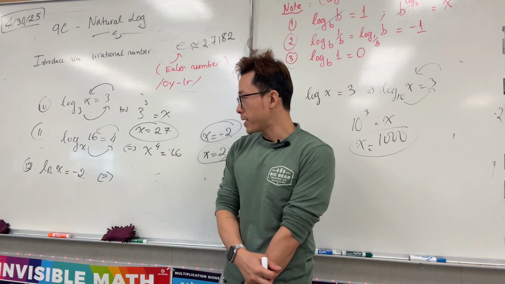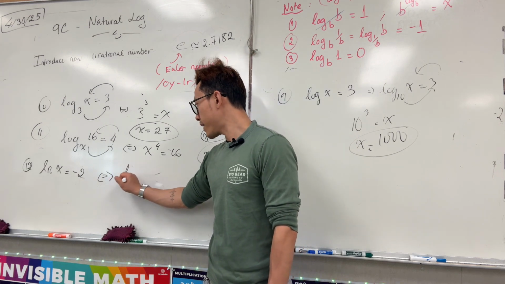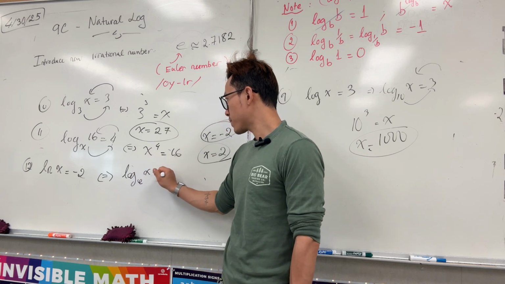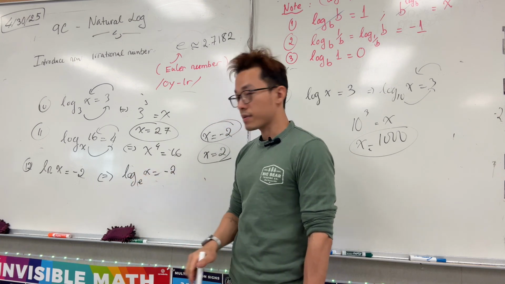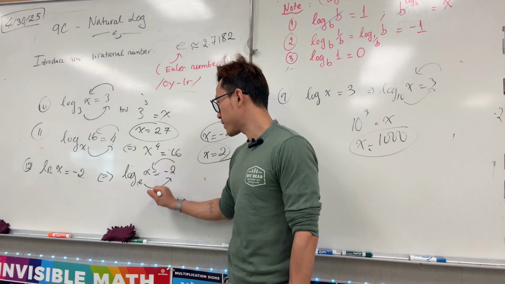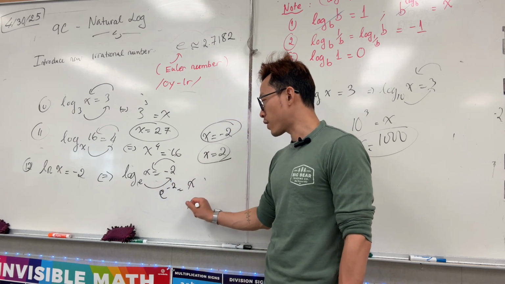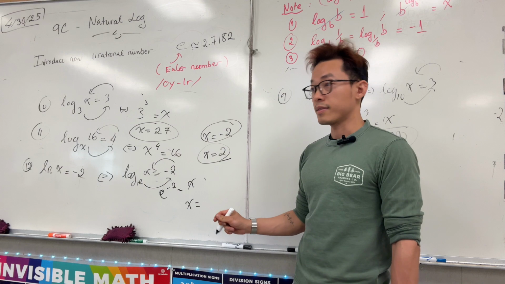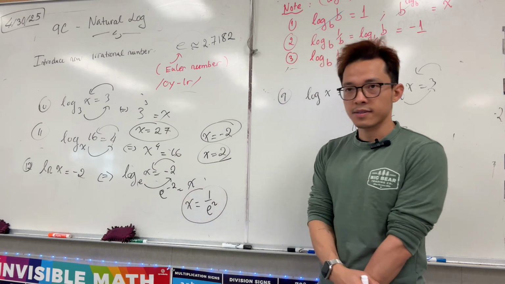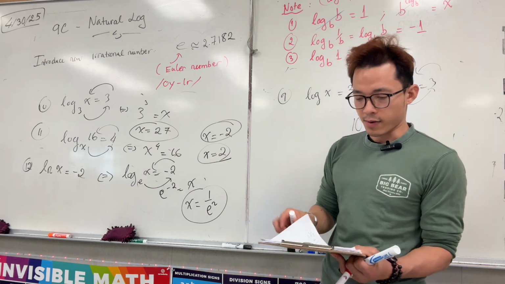Okay, what is this problem? Ln is log base e. Ln of x equal to -2. So what is x? If you cannot see it right away, you can just convert it. E to the power -2 equal to x. So x equal to 1 over e squared. You can also just do this. Make sense? Okay.